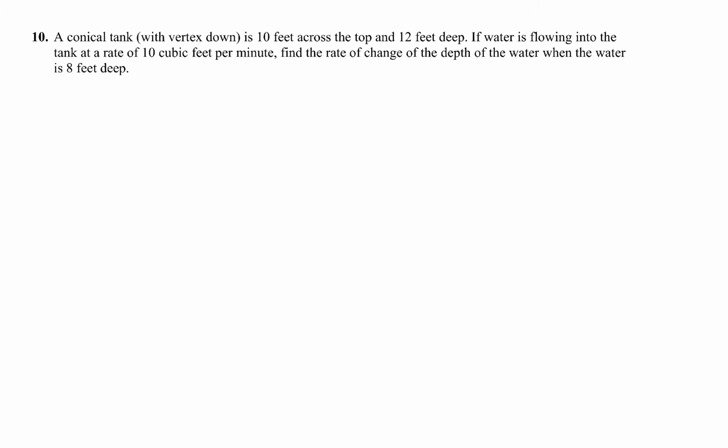Let's go to the next problem. A conical tank with vertex down is 10 feet across the top. So this is the conical tank, a cone. The tank has a diameter here of 10 feet across the top, so this is 5 and this is 5.